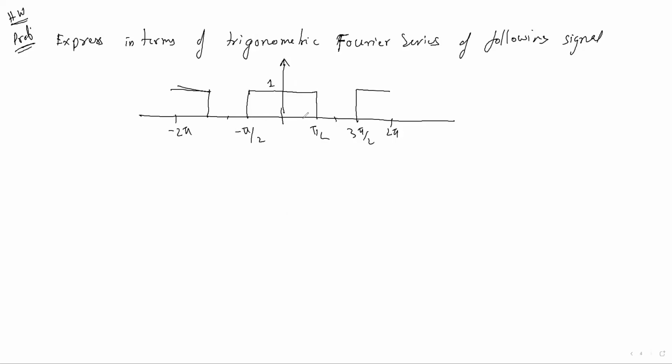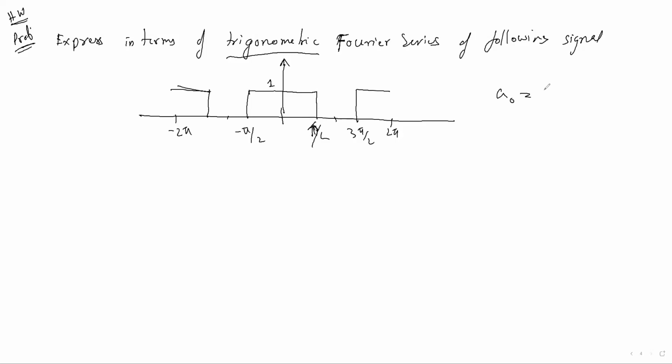Can anybody say why I'm saying this? By looking at this graph, you can easily find the value of A naught in the trigonometric Fourier series. A naught is nothing but area by T.